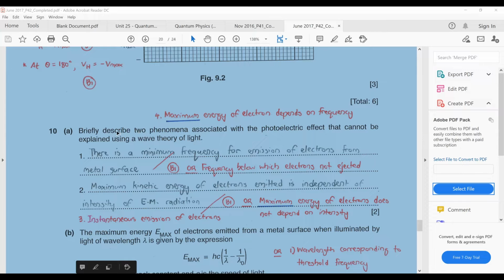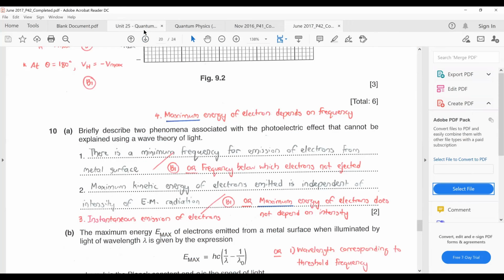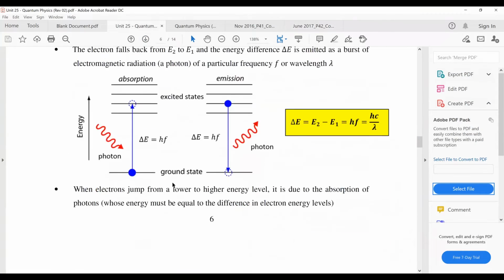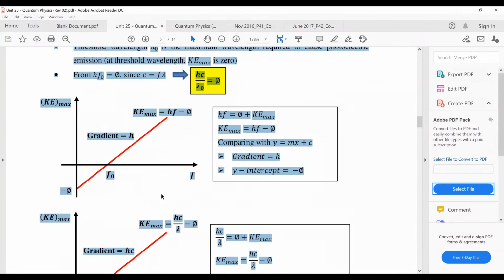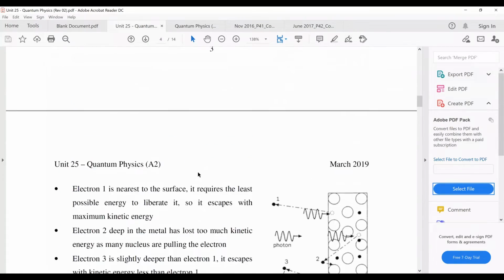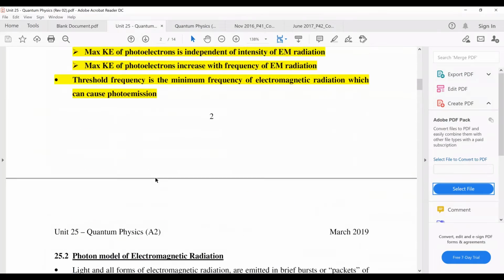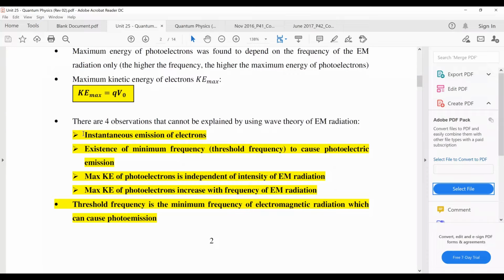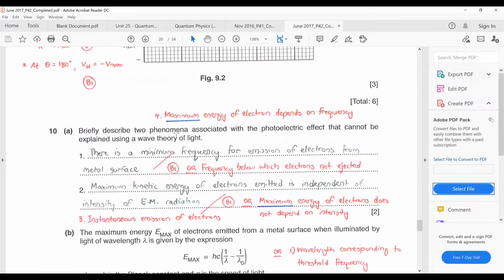So as I mentioned to you, there were four main observations of photoelectric emission that cannot be explained if you assume that EM radiation is a wave, but can only be explained if you assume EM radiation is a particle called photons. So these four observations, please remember them.